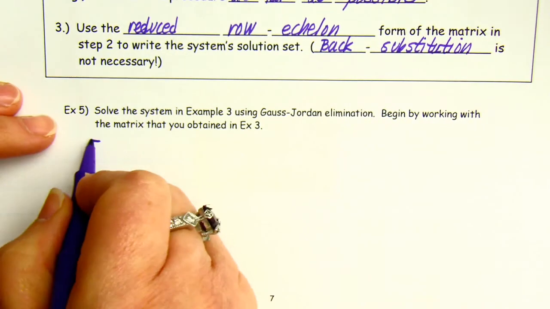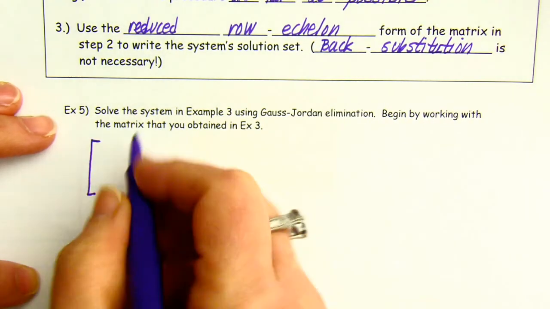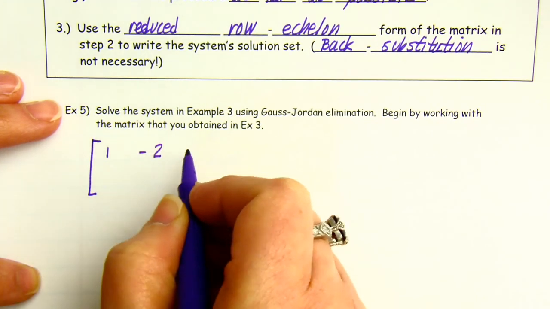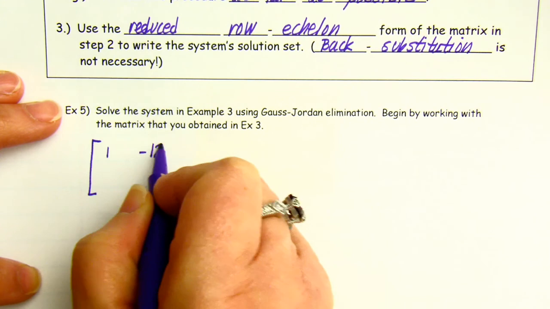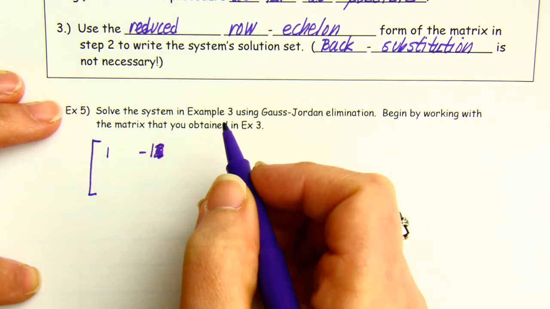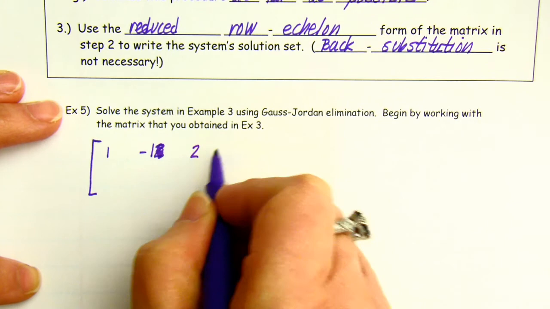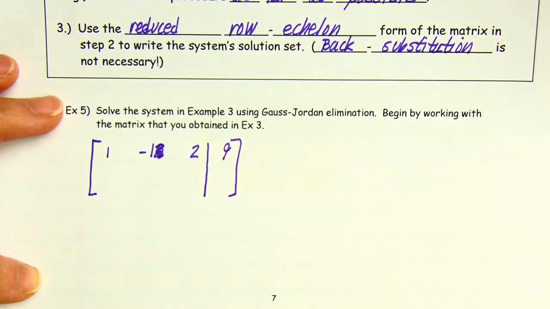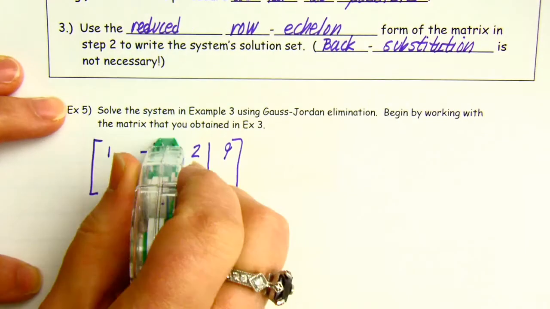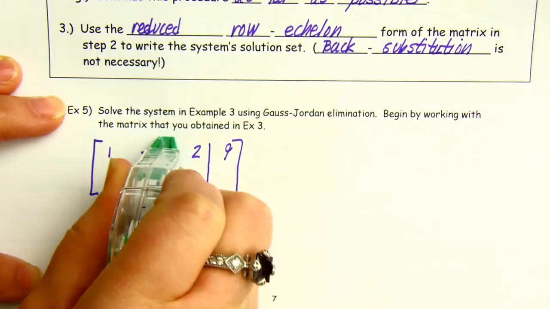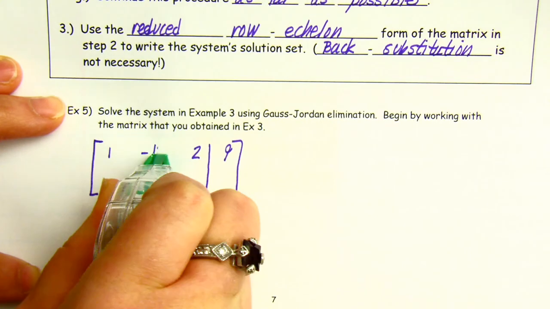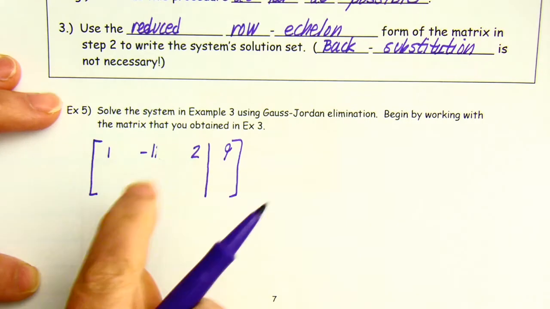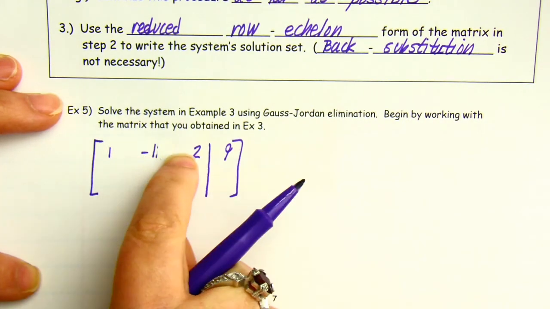Well, the matrix that we obtained in example 3 was 1, -1, 2, bar 9.